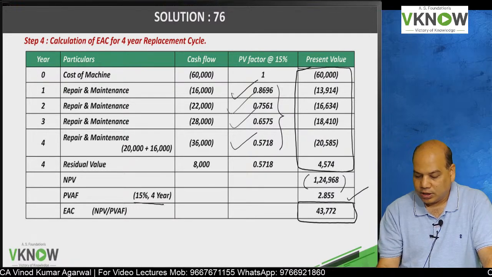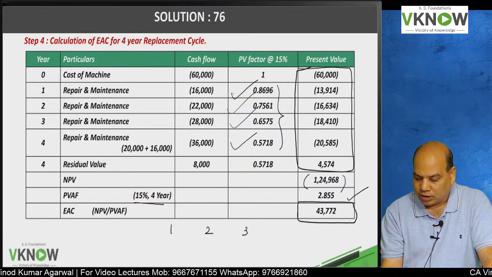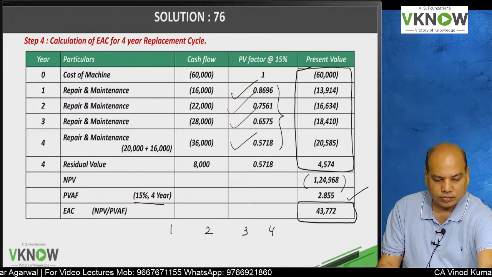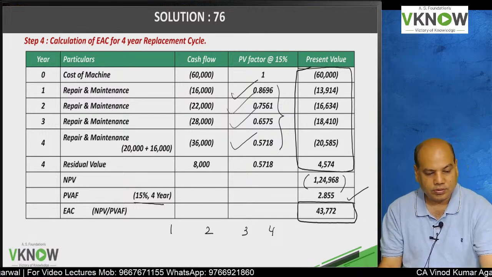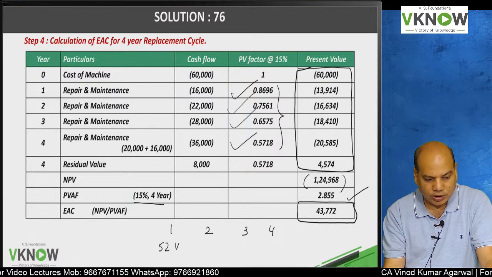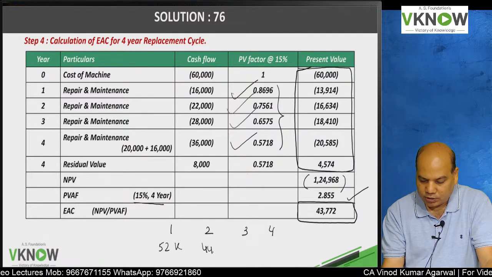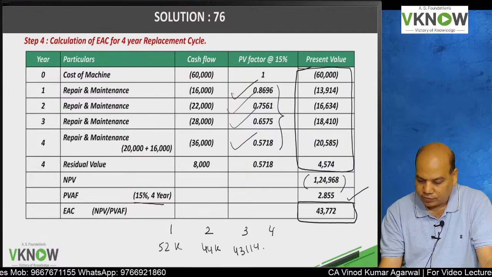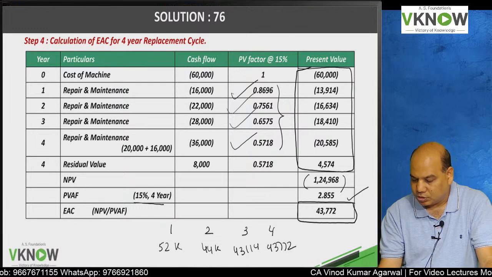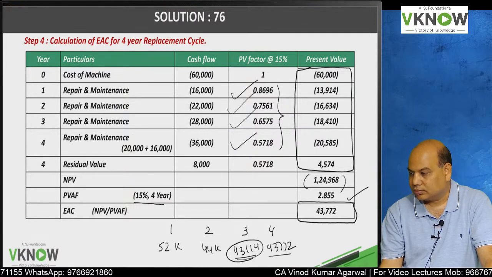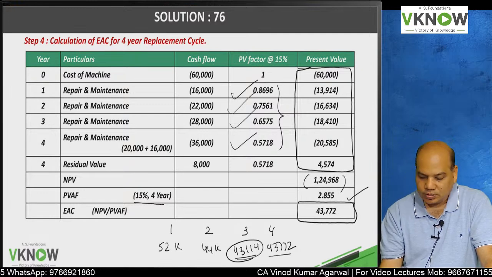Now compare these 4 answers you have got and confirm which is the lowest one. The first was around 52k plus something, then 44k plus something. This is 43114, this is 43772. This is the lowest. Year 3 is lowest.